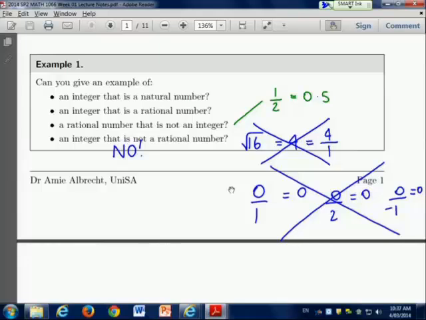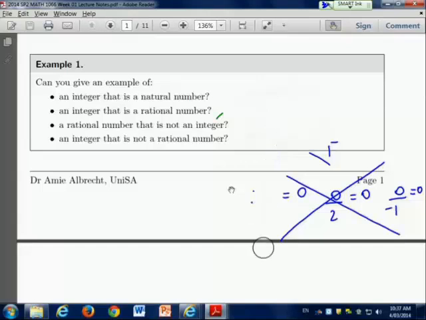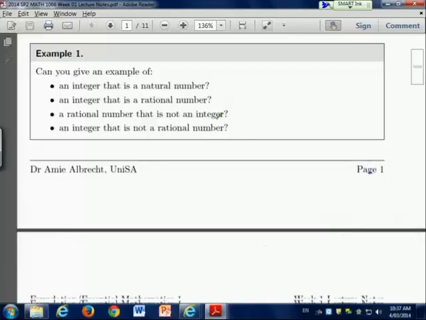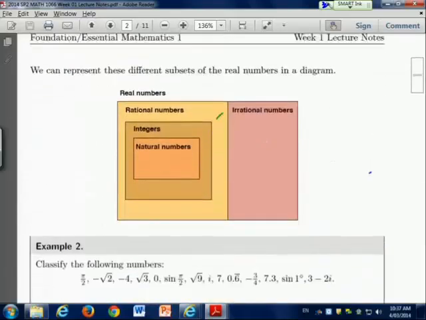Great. So we're getting a sense of how these things fit together. So we can draw a diagram that shows how these sets relate to one another. Be very careful about how you say that word. All right, so here we go. Every natural number is an integer. Every natural number is a rational number.